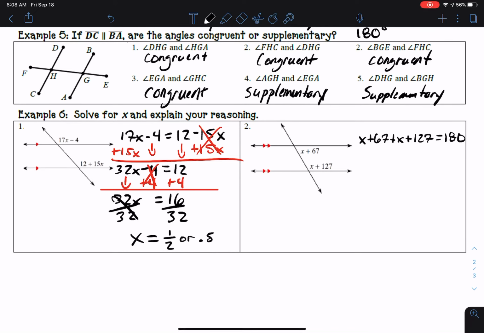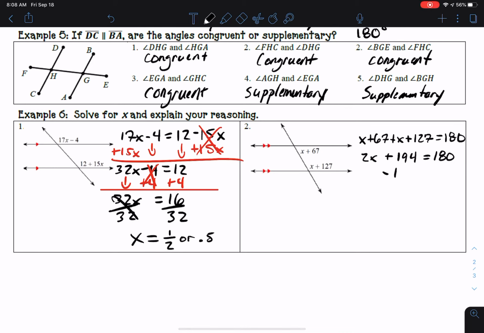Combine your x's and combine your numbers. So you get 2x plus 67 plus 127, which is 194, equal to 180. It's really weird. It's going to give you a negative number, but that's what the problem says.